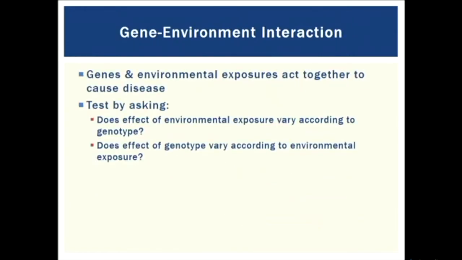Another extremely important concept is gene-environment interaction. Here what we mean is that genes and environmental exposures act together to raise risk for disease. We can test whether this is present by doing studies where we ask the question, does the effect of the environmental exposure vary according to genotype, or does the effect of the genotype vary according to environmental exposure?